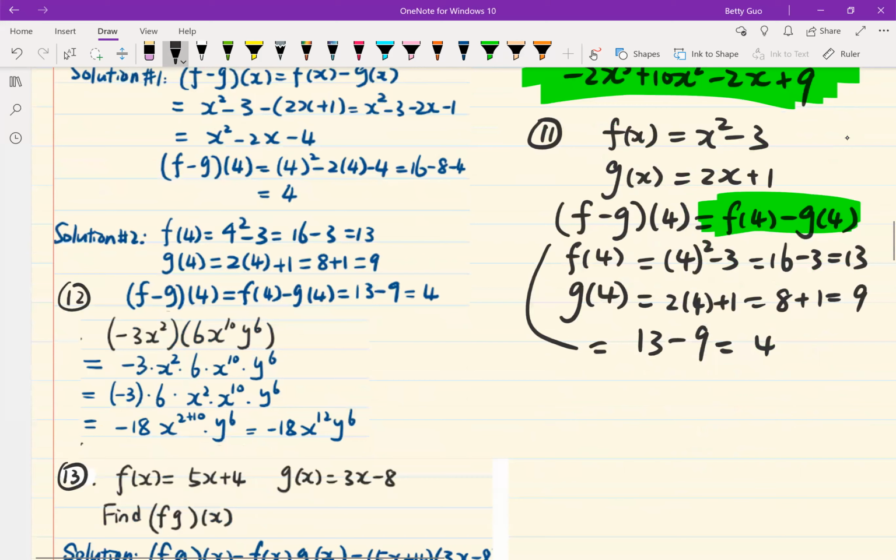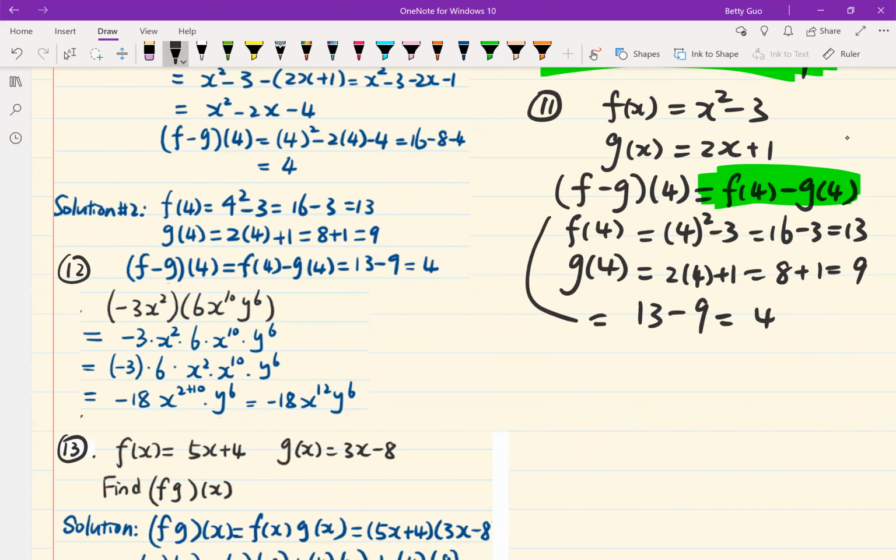Number 12. Number 12, let's see. Okay. Number 12, actually, let me remove this. Number 12 is we simplify this product.